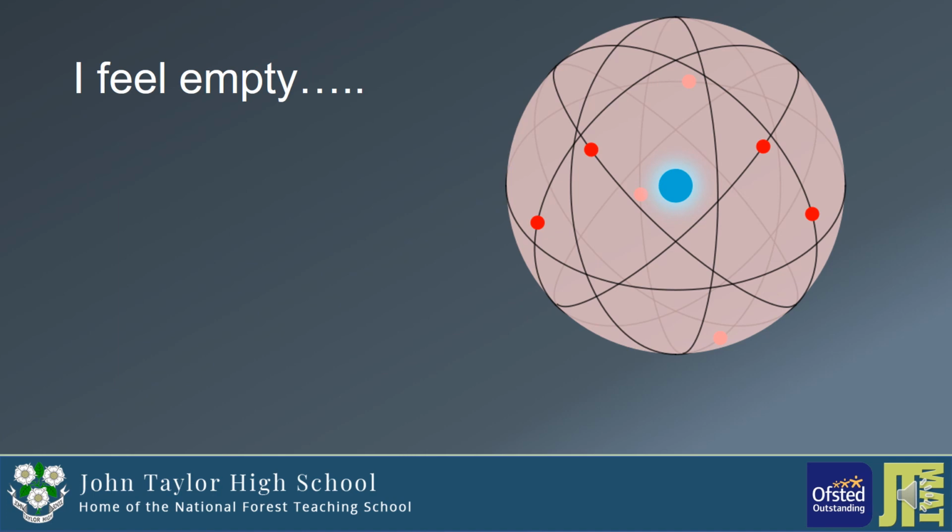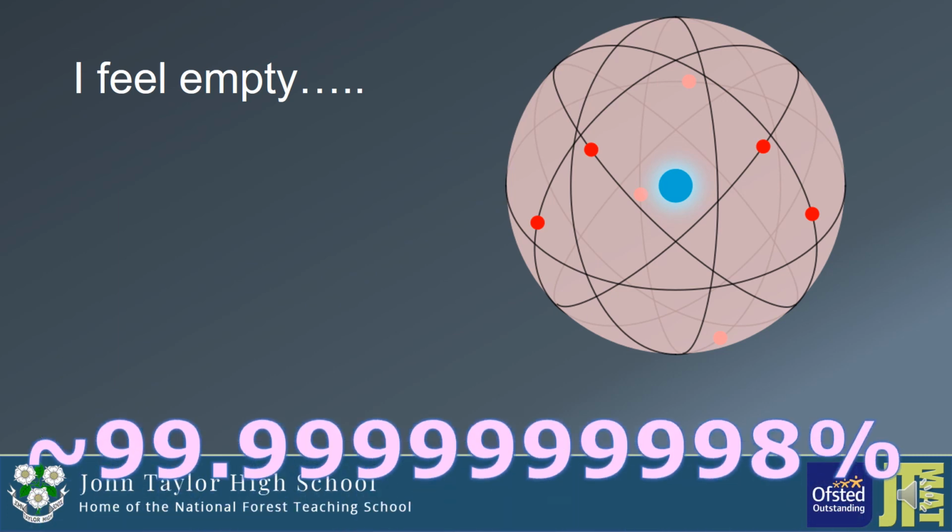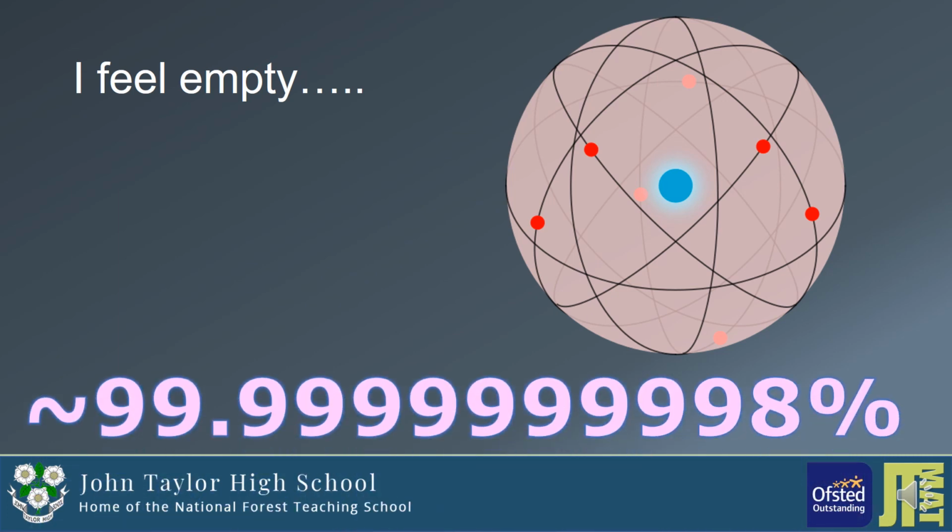When you do that on your calculator it usually just returns the answer of 100, because it can't cope with the number. Done by hand, you'll get something along the lines of 99 point, and then a string of 10 further 9s with an 8 on the end. That percentage of everything is empty, totally empty.